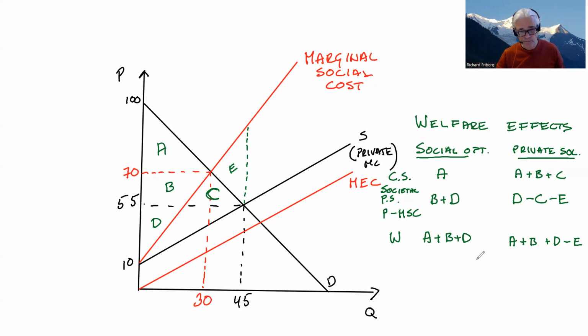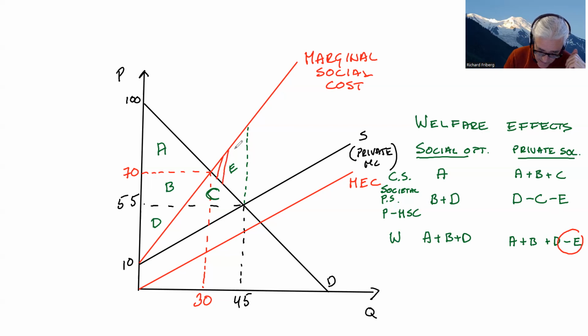The social optimum has a lower quantity produced at higher prices. This hurts producer surplus. This hurts consumer surplus. On the other hand, parts of these effects are counterweighted by gains on the producer surplus. But what's not counterweighted is this term E here. So comparing welfare in the social optimum with the welfare in the private solution, we see that they're the same apart from this area E.